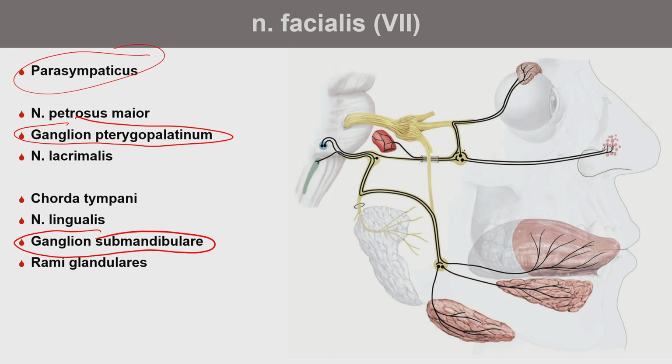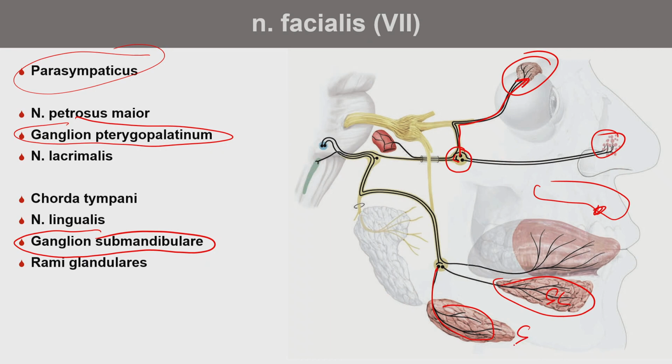Pterygopalatine is relayed here, so preganglionic nerve, then supplying lacrimal glands, glands in the nose, and glands also here in the upper part of the oral cavity, palatine, and in the upper part of the vestibulum. The submandibular ganglion is then important for salivation from two major glands, sublingual and submandibular gland.